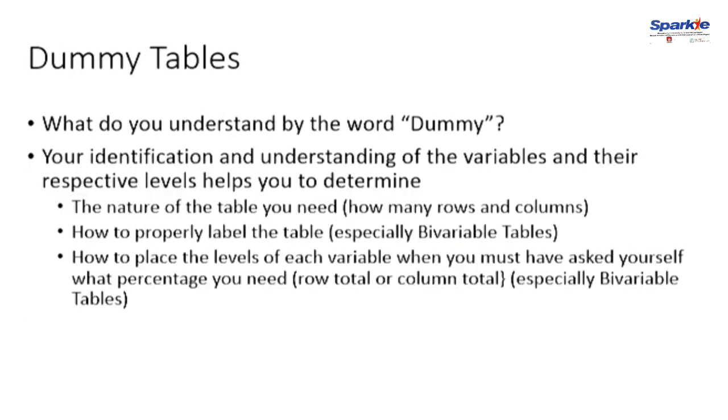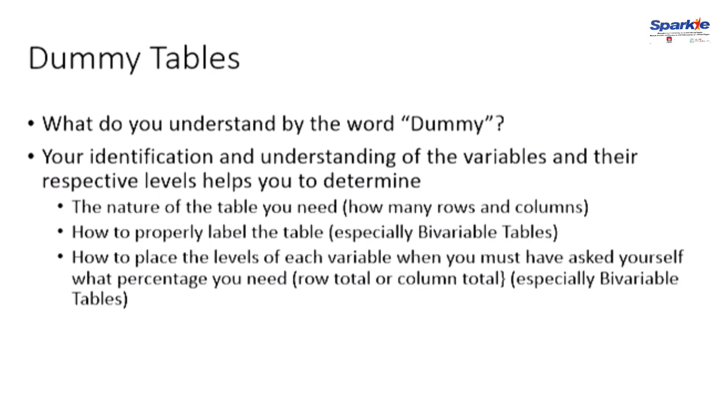All right. Your identification and understanding of the variables and their respective levels helps you to determine, one, the nature of the table you need. How many rows, how many columns. How to properly label the table, especially by variables. How to place the levels of each variable when you must have asked yourself, what percentage do you need, row total or column total?